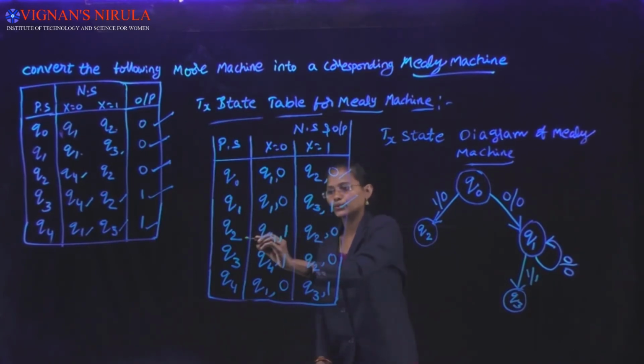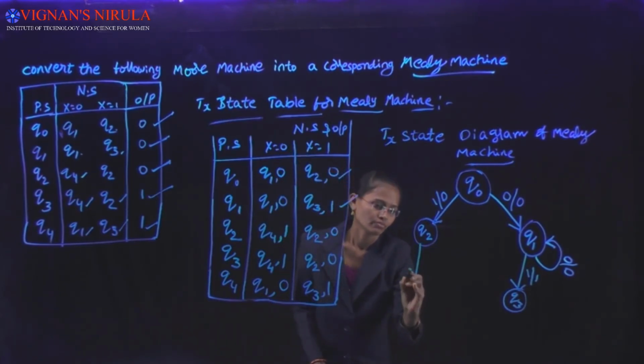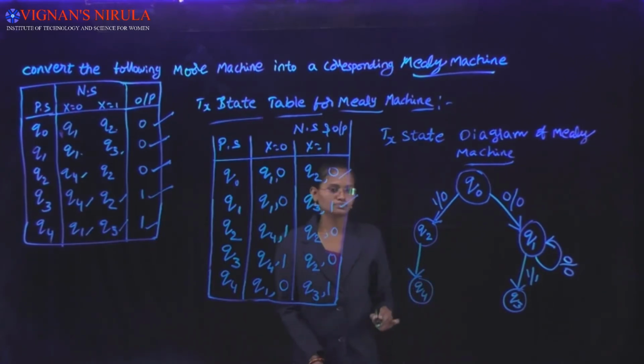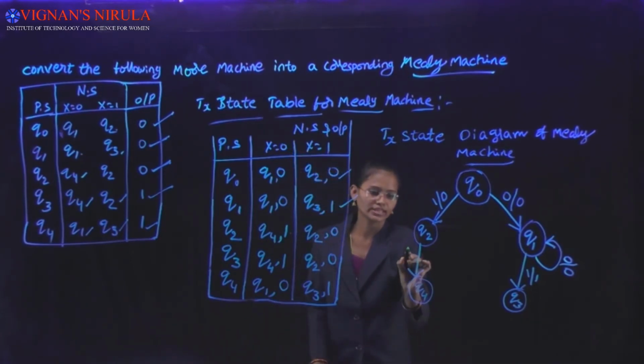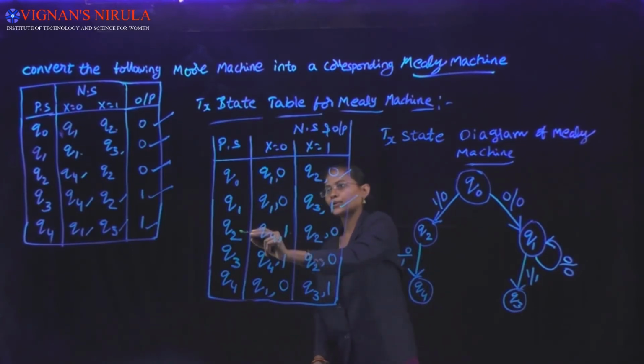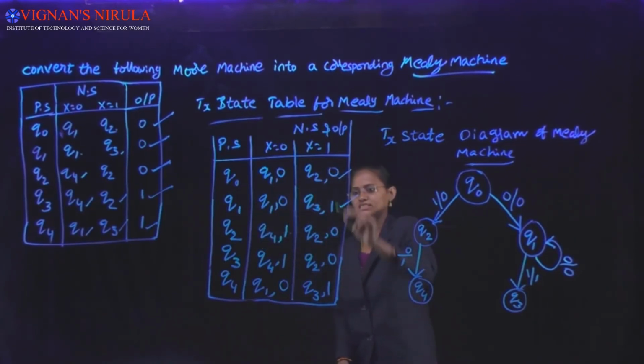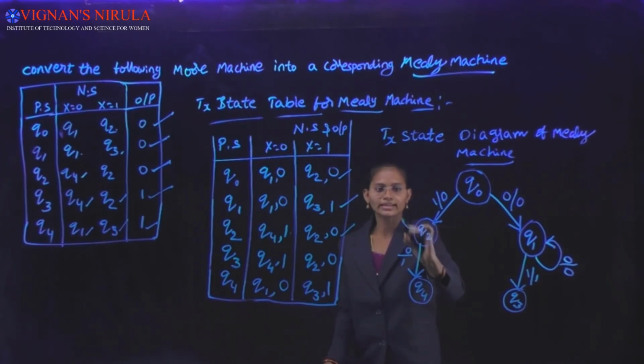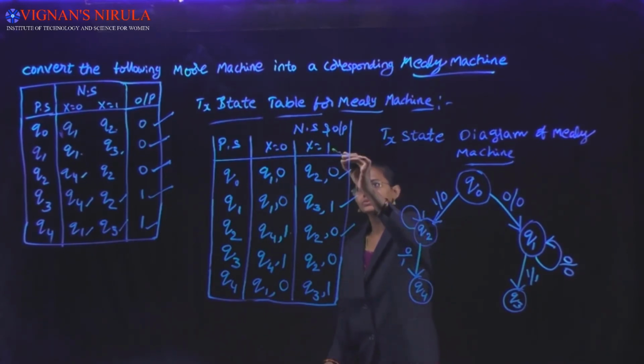And next Q2, present state is Q2. Here the input is 0, the next state produced is Q4. Here the input is 0 and output is 1. So it is 0 by 1. And next Q2 present state, if x equal to 1, the next state produced is Q2. So it is the self state. Here the input is 1, output is 0. That is 1 by 0.